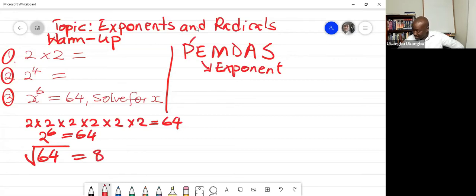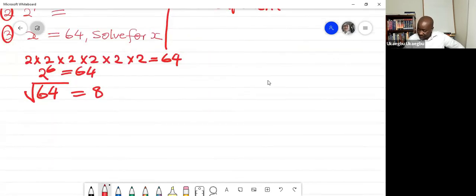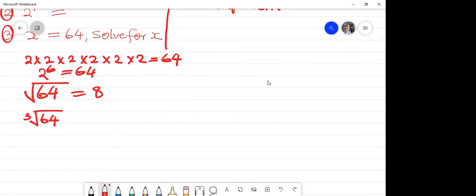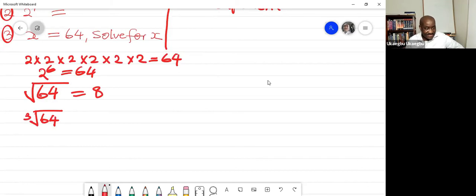Then how about cube root of 64? I think it's 16. Another try. 4. Yes, it should be 4. The cube root is simply: what is the number you can multiply 3 times in order to get 64?